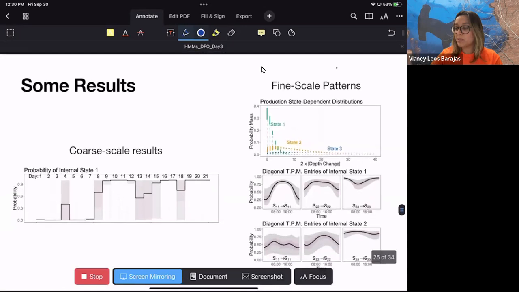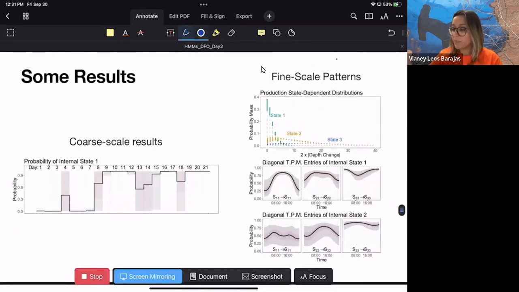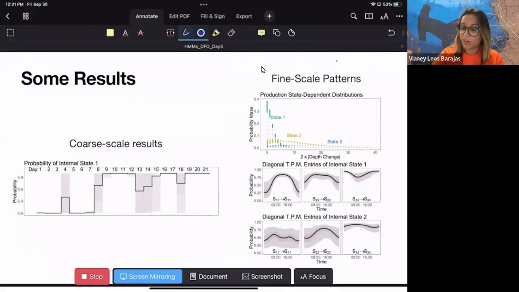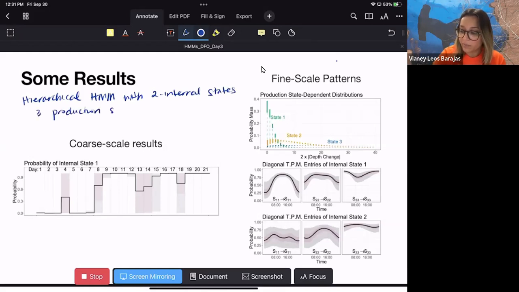And so some basic results. What I ended up doing is I constructed a hierarchical hidden Markov model with 2 internal states and 3 production states. What does that mean?